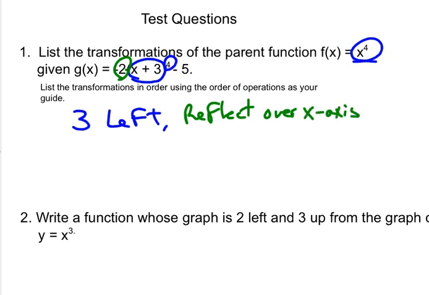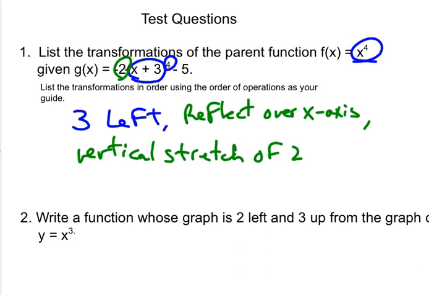And that 2 is actually a vertical stretch. So you've got 2 things going on there. It's getting stretched out because there's a 2 in front, and the negative tells you that it's a reflection over the x-axis. And this order does matter in that the minus 5, you have to give that description at the very, very end. So 5 down.